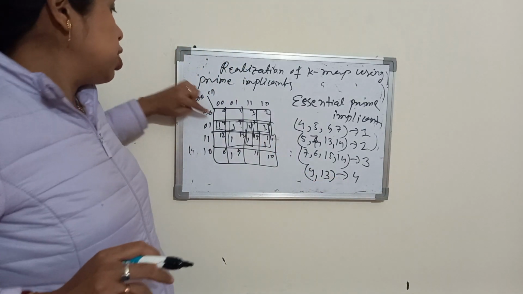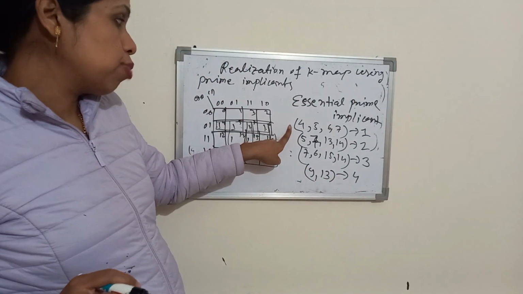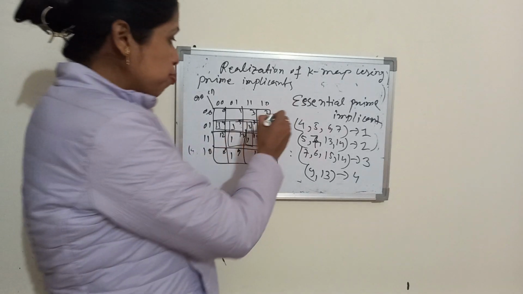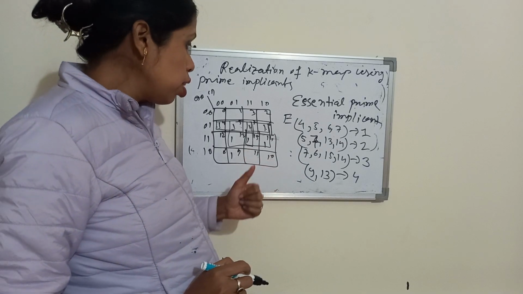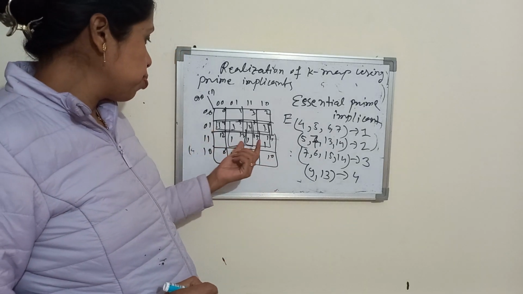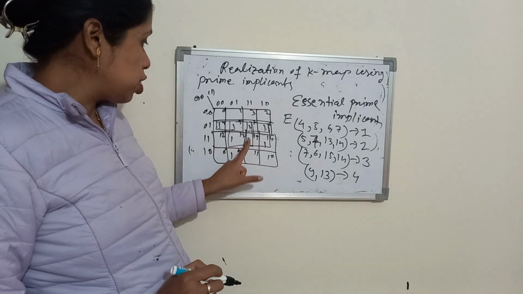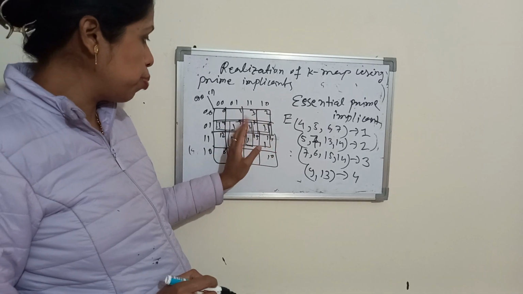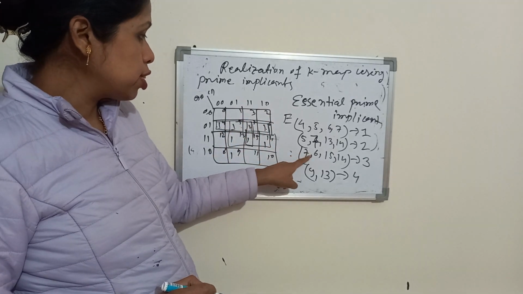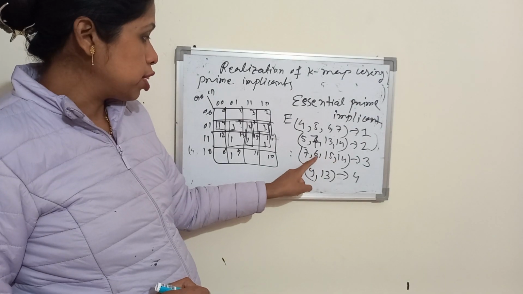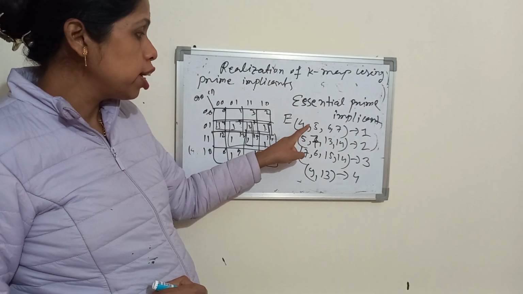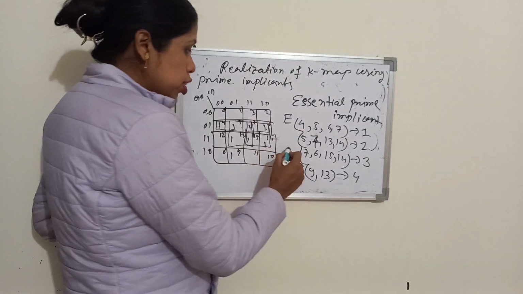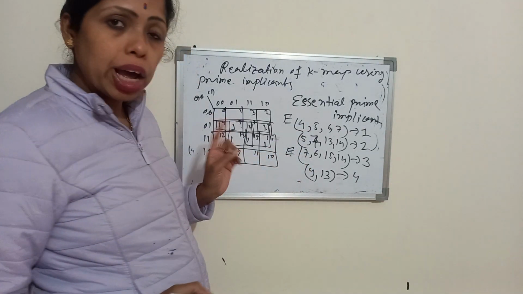Okay. Now you can see 4 5 7 6. First I am checking 4 5 7 6. So this may be an essential prime implicant. Now I am checking 7 6 14 15. So 7 and 6 are included in the other group, but 14 and 15 are not included in any other group. So this is also an essential prime implicant.